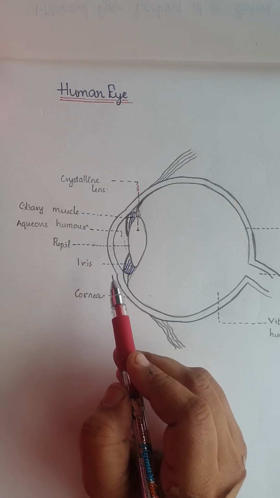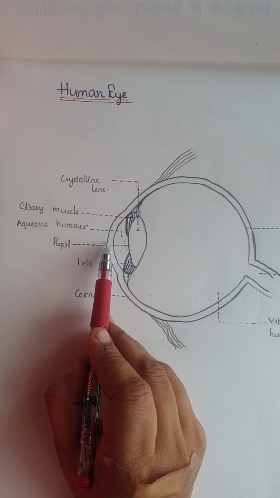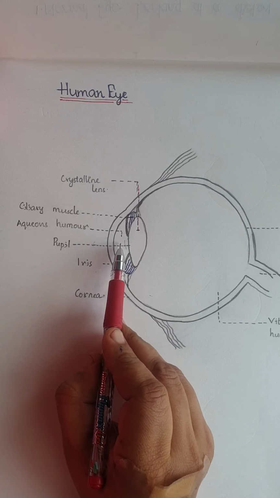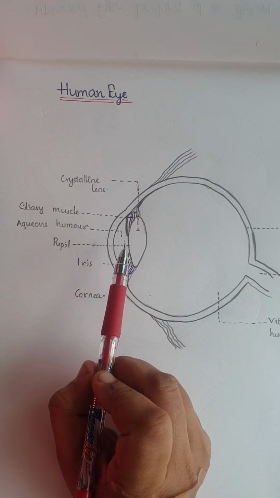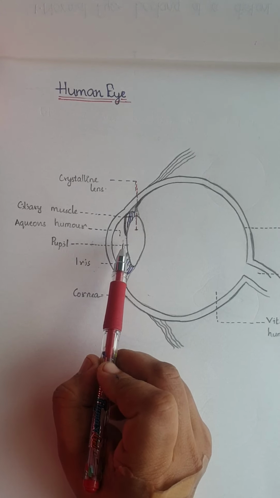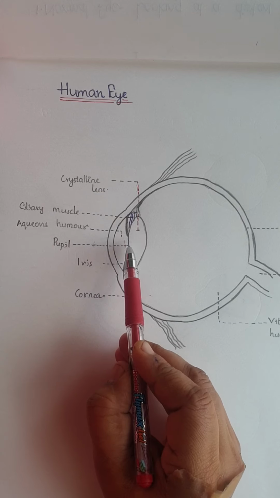Okay, children? The first part we already discussed, that is cornea. And the next part is aqueous humor. It is a fluid which fills between the cornea and the eye lens.